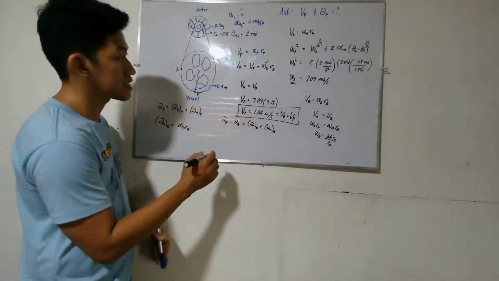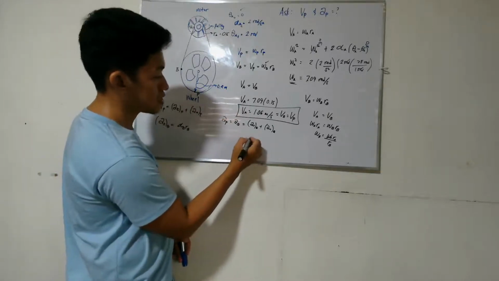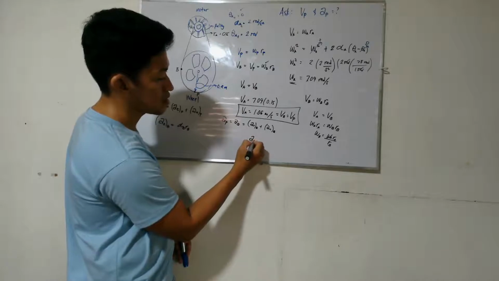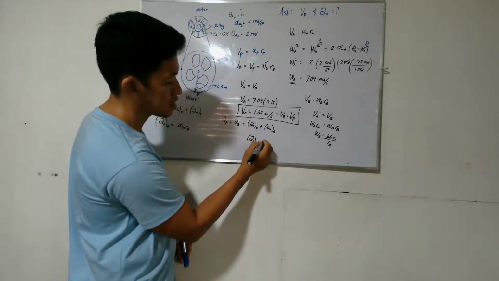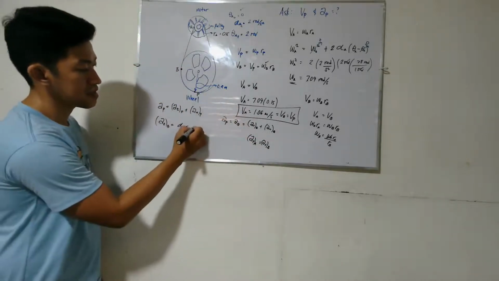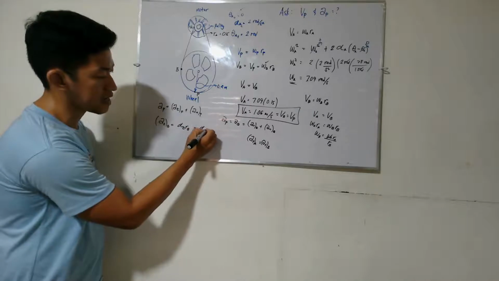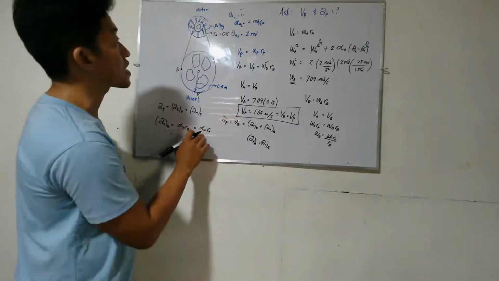And again, recall, tangential acceleration of A is just equal to tangential acceleration of B. It is equal to alpha A RA, which is given.